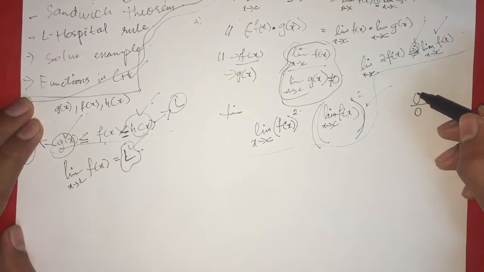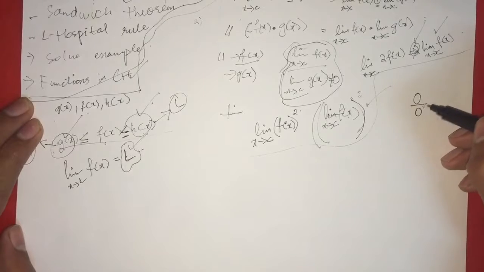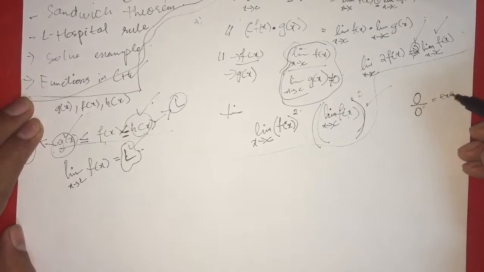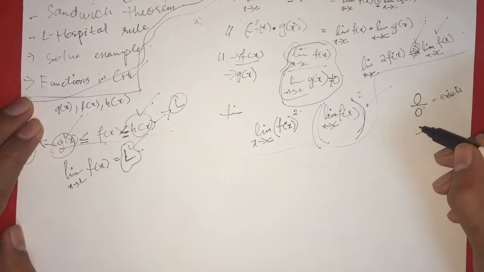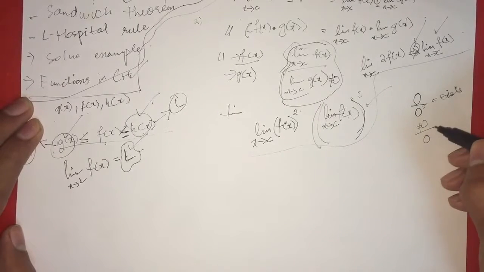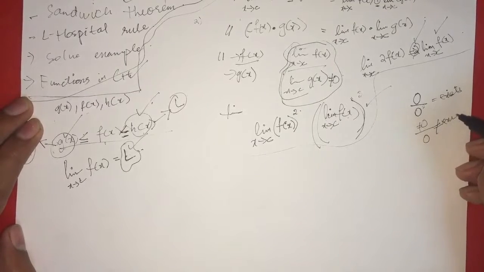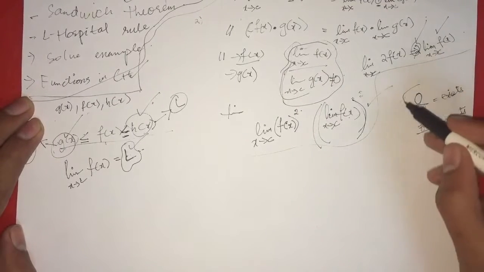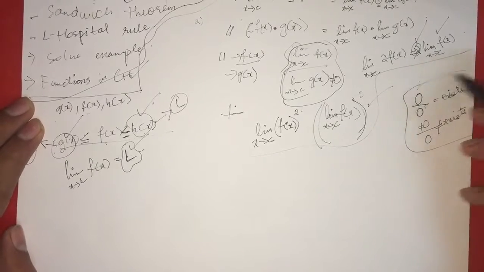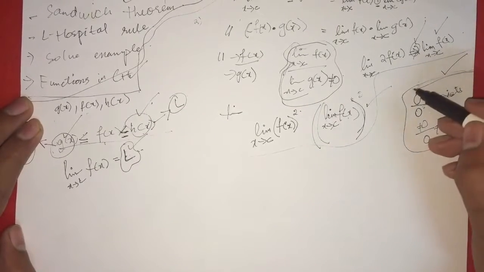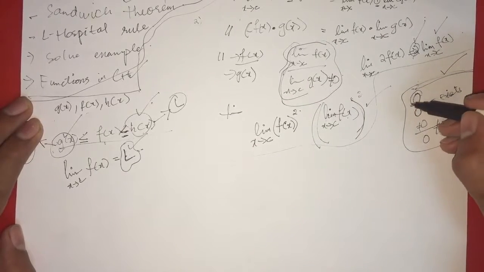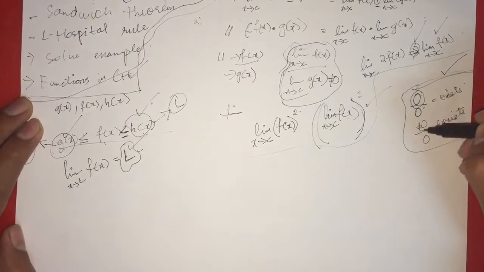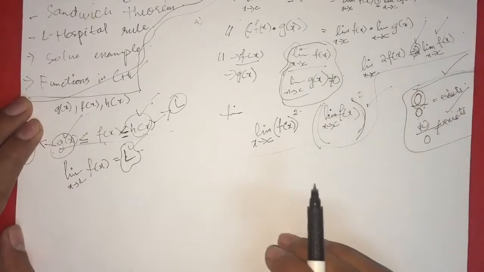But if the numerator is not equal to 0 and the divisor is 0, its limit does not exist. I'm just studying it from the top and not going that deep, but you get the gist: when the numerator is 0, the limit exists, and when it's not equal to 0, it does not exist.